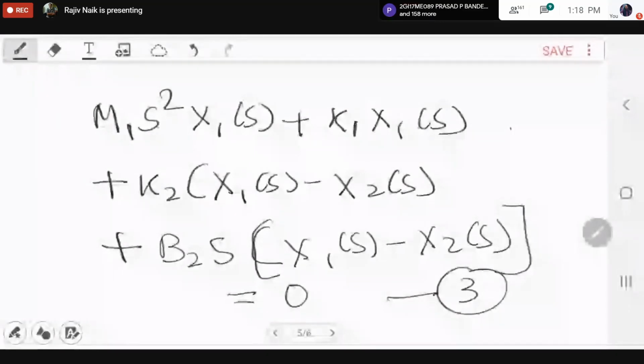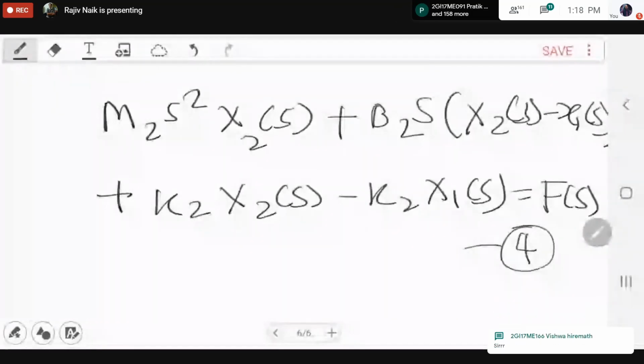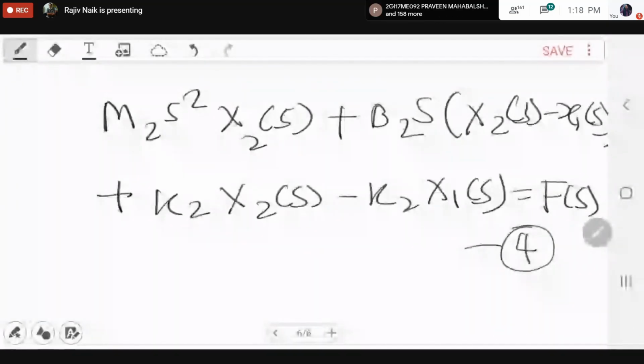For mass m1, I have written x1 minus x2. For mass m2, I have written x2 minus x1. That is the difference. Or you can write the same thing with minus sign outside. That is also permissible. So instead of writing here also you can write x1 minus x2, but this sign should be minus.